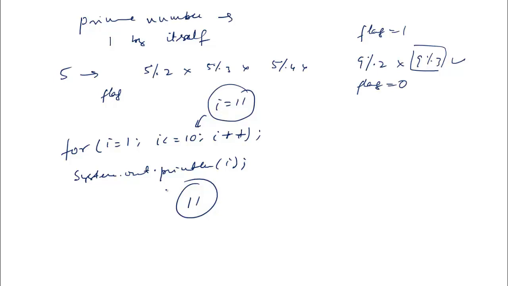Now what will happen if I write like this here, for i equal to 1 and i greater than 10 and then i plus plus? What will happen?